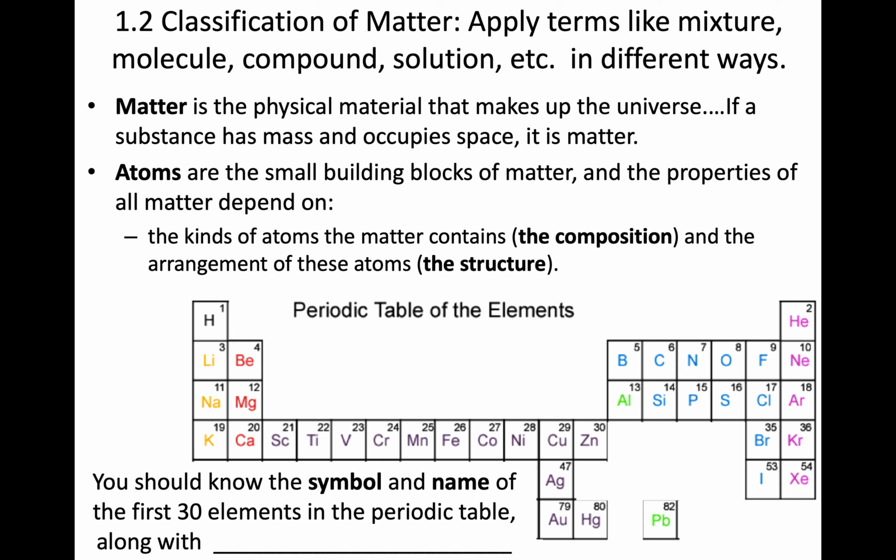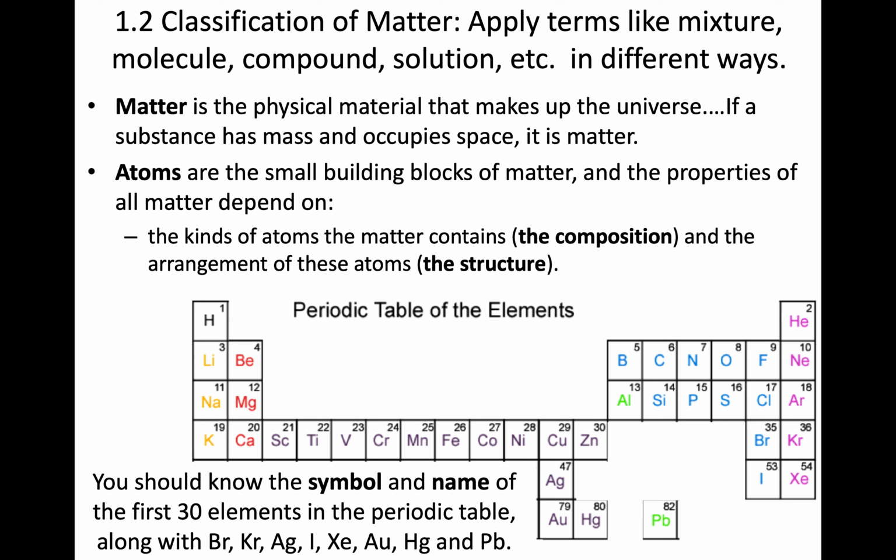When I mention atoms, you probably are familiar with the periodic table that lists these building blocks. To start out here, I want us to know the symbol and the name for the first 30 elements in the periodic table, along with a few common other ones. And those other common ones I list right here. So in this image, I'd like you to be familiar with all of these elements.